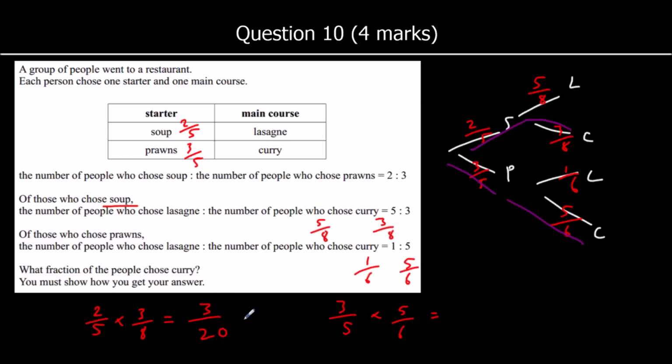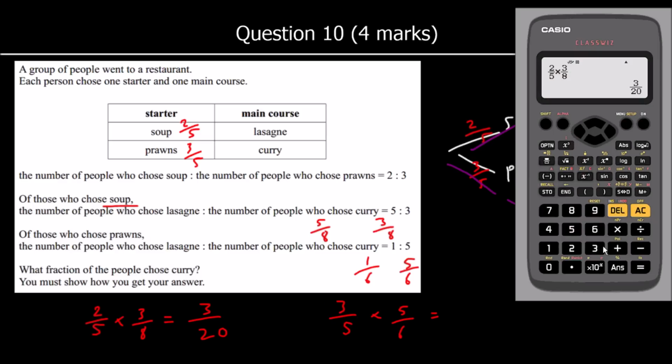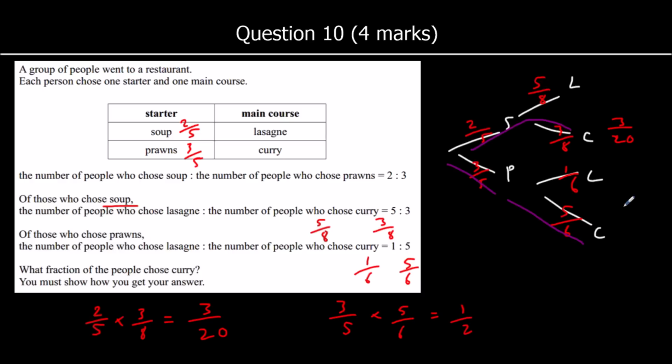So 3/20 were soup then curry, and 3/5 times 5/6. Half of the people chose prawns and curry. So which fraction chose curry in total?